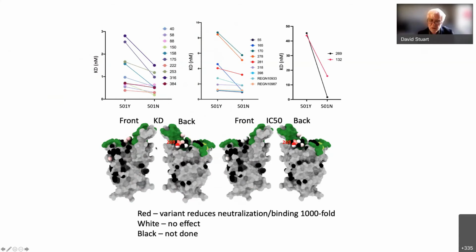And you can see that for a number of antibodies, the affinity is reduced, some of them really markedly. The red ones are reduced by 1,000-fold. So it's not a large number, but it's some.